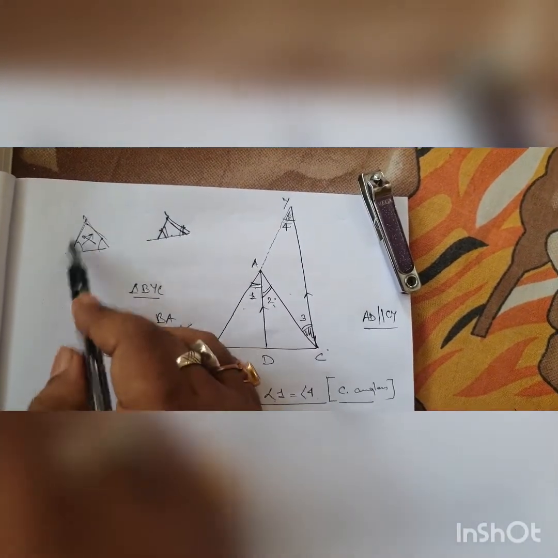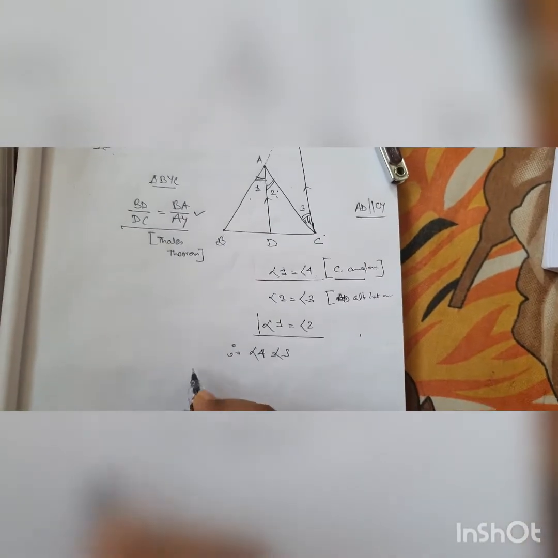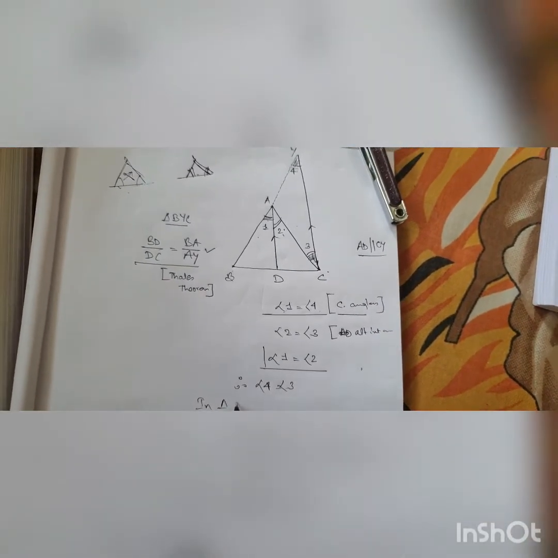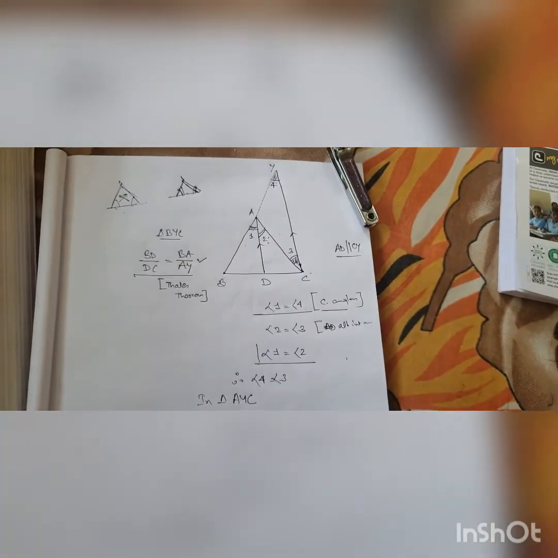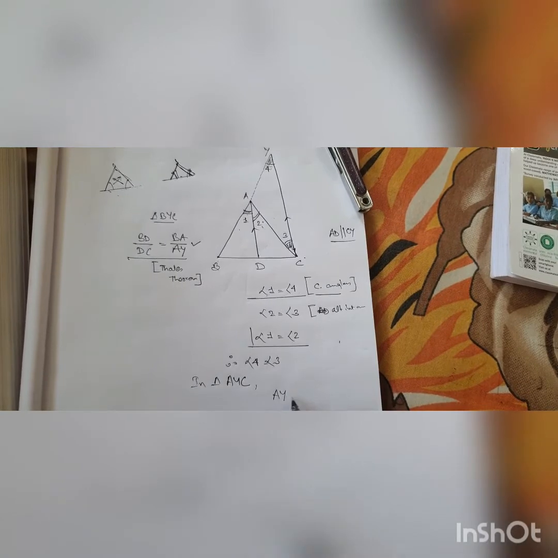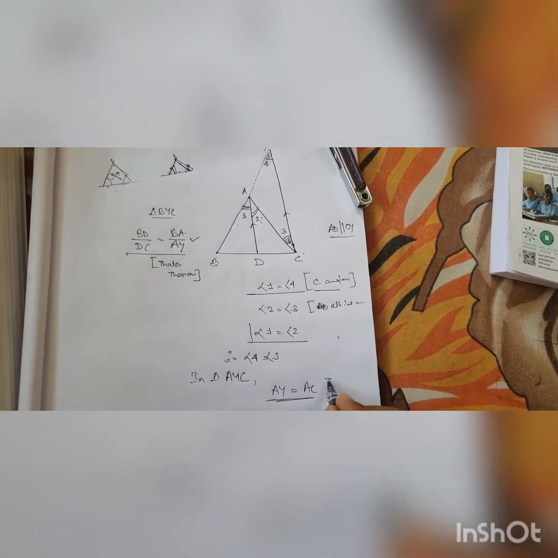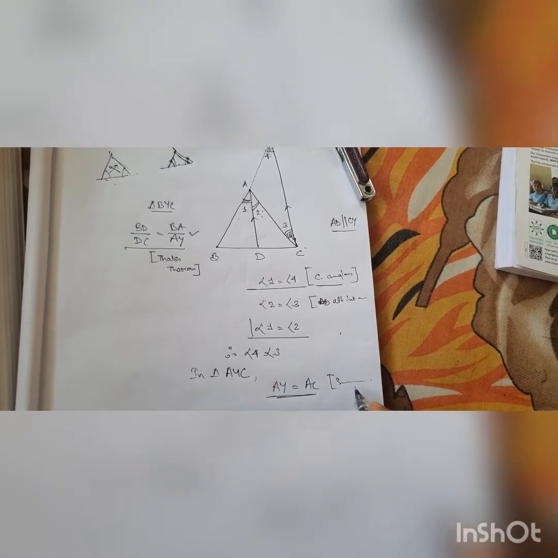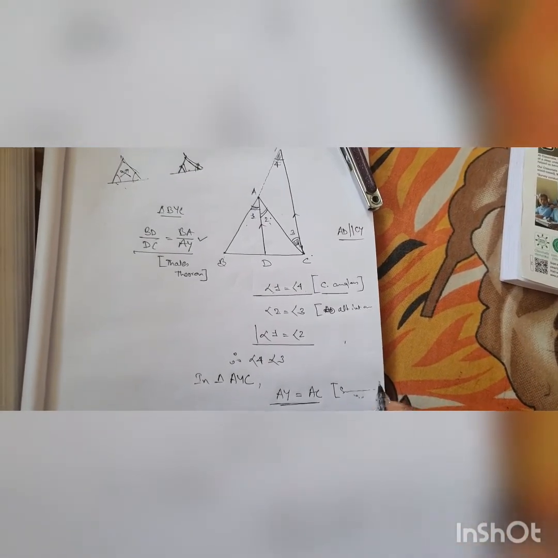That is, sides opposite to equal angles of a triangle are equal. So therefore from that we get, in triangle AYC, if you can see the triangle AYC, you will get AY is equal to AC. You have to write: sides opposite to equal angles of a triangle are equal.